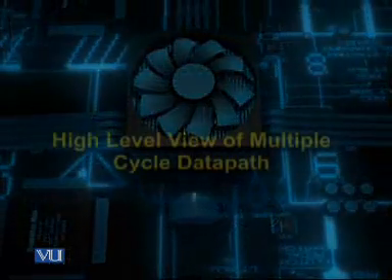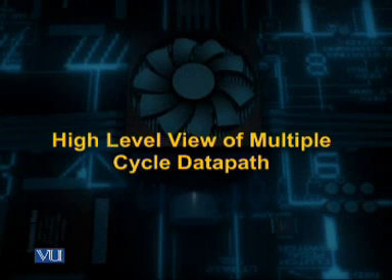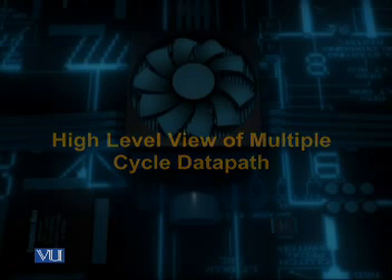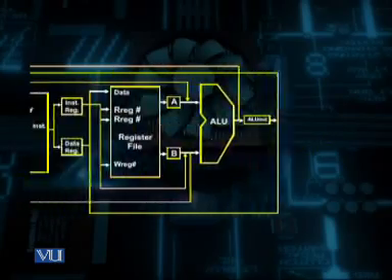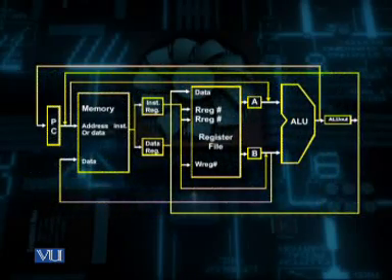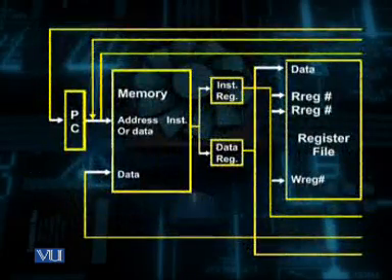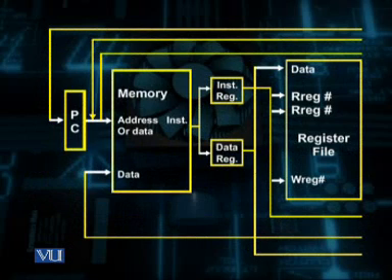For this purpose, let us refer to this diagram, which gives a high-level view of a multi-cycle data path design. Here, a shared memory is used as the instruction fetch and data read or write are performed in different cycles.